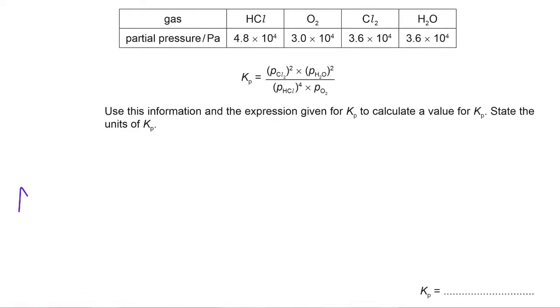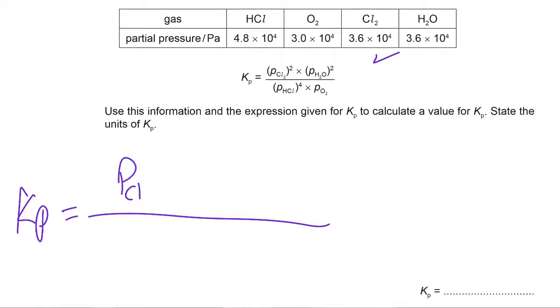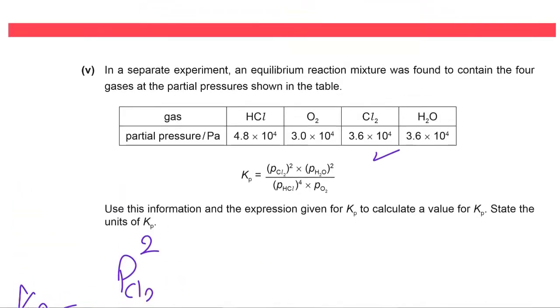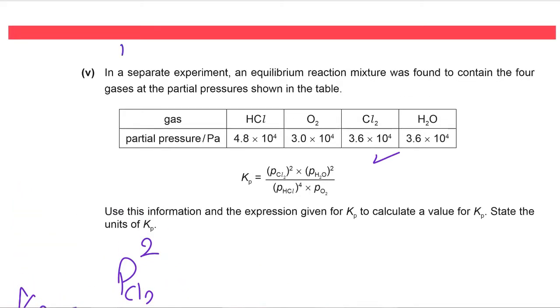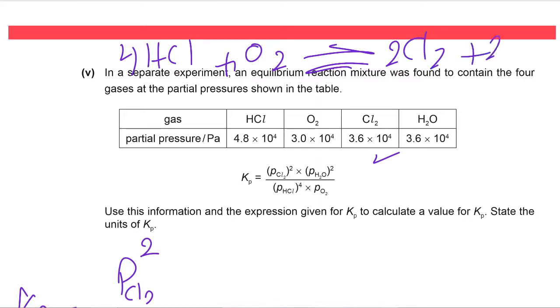Here Kp equals the partial pressure of chlorine squared, according to the balanced chemical equation 4HCl plus O2 gives 2Cl2 plus 2H2O, and all of them are gases.